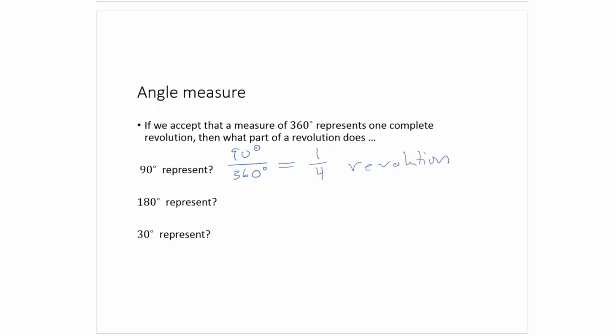Similarly, if we think of that circle that we saw in the previous slide, 90 degrees is a quarter of the way around a circle. 180 degrees is 180 out of 360. 180 divided by 360 is the same as 1/2 revolution. And finally, 30 degrees is 30 out of 360, and if we reduce this, that's 1/12 of a revolution.